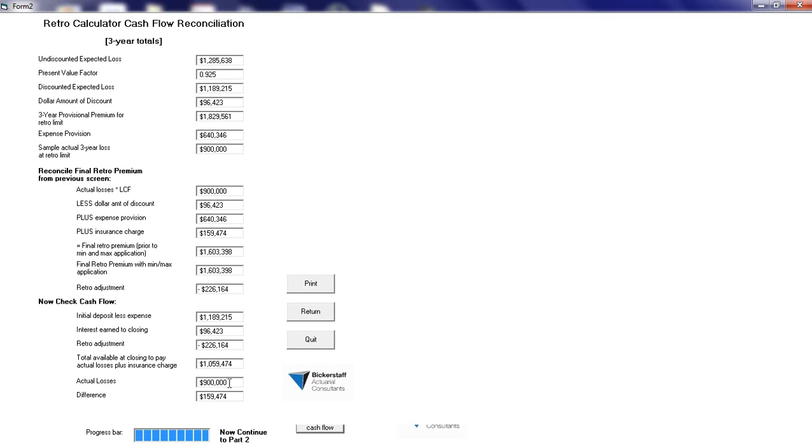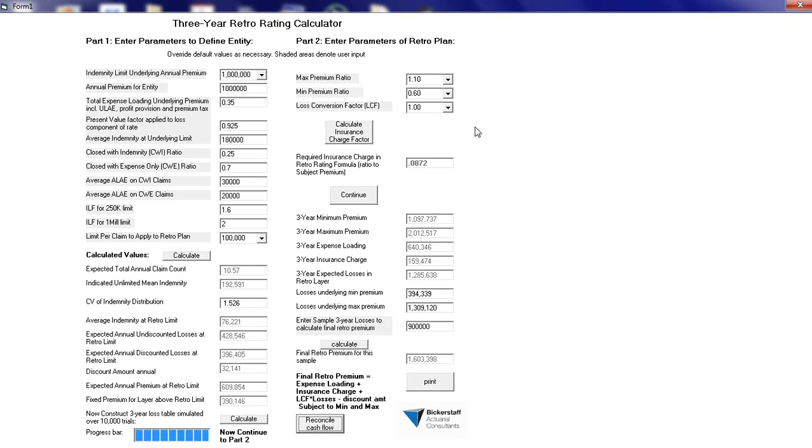The actual losses were $900,000. So what's the difference? $159,474, which happens to be what you pay the vigorish to the house, so to speak, of $159,474. So it all comes out in the long run as a wash, but only after including this insurance charge.